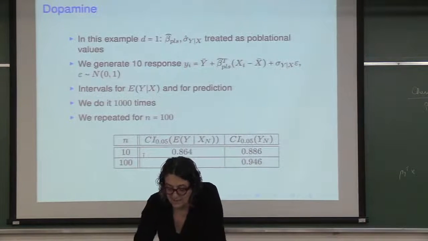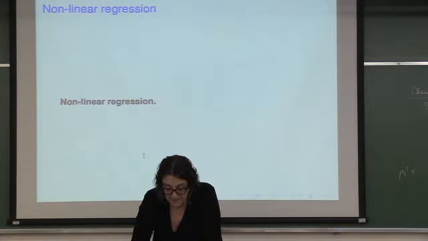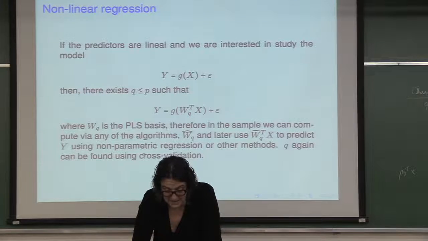Let's come back to n greater than P. It can be the theoretical thing, it can be n less than P, but there is nothing asymptotic here. One thing that we proved is the following.